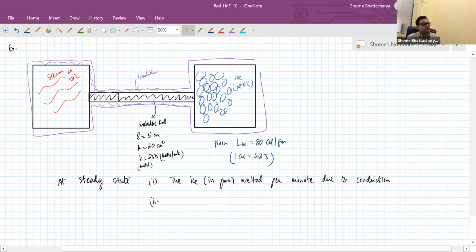And second, find the temperature of a point at distance x from this steam end of the rod.